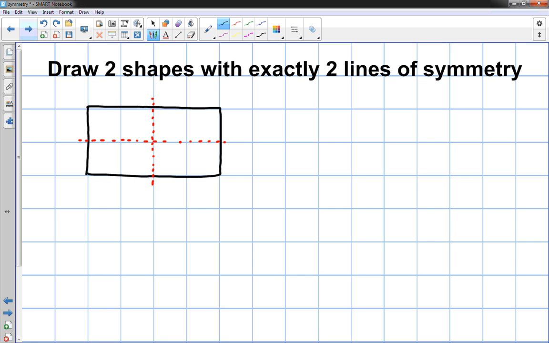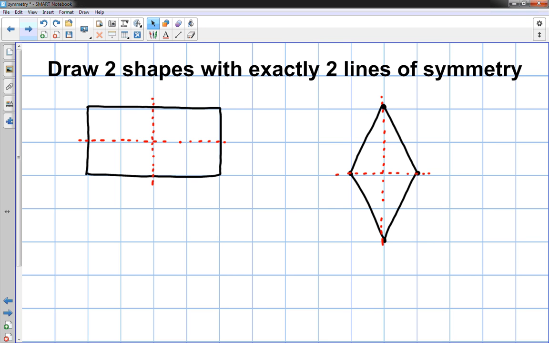And I don't know if you've thought of this or not, but how about, remember what this is? I believe it's a rhombus. It would have one here. It would have one here. So they have two lines of symmetry.